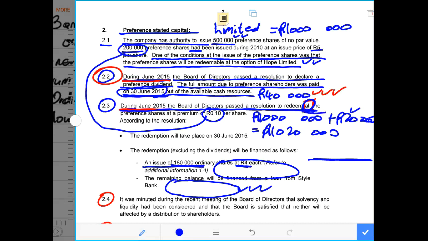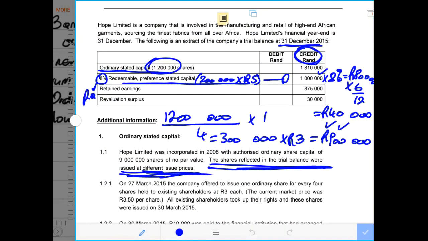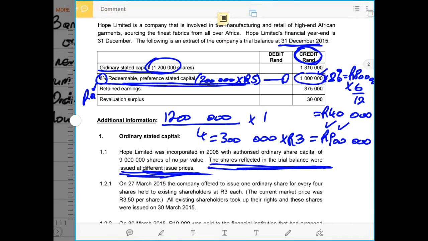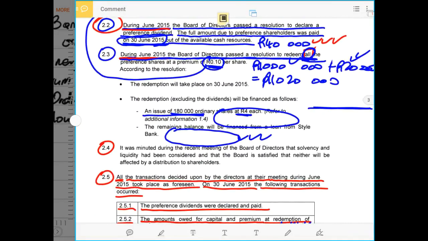So now 200,000 times 10 cents gave us 20,000, which is the premium. And we took the redeemable preference share capital of R1,000,000, because we are paying everything back to this preference shareholder, meaning we owe 1,000,000 and we owe a premium of 20,000.